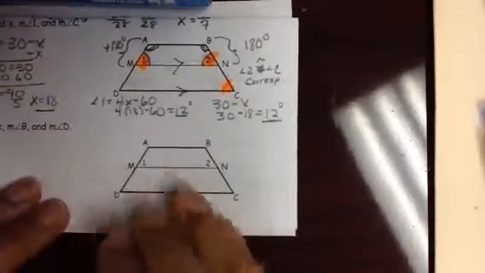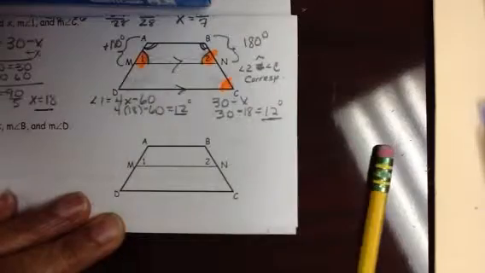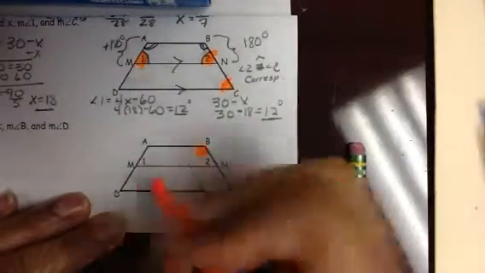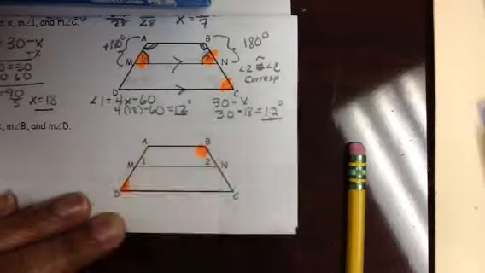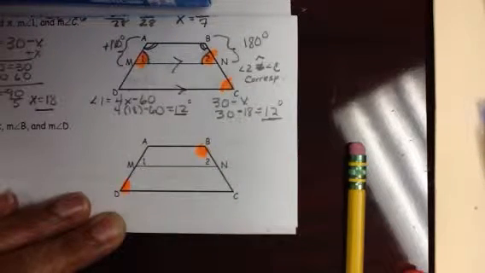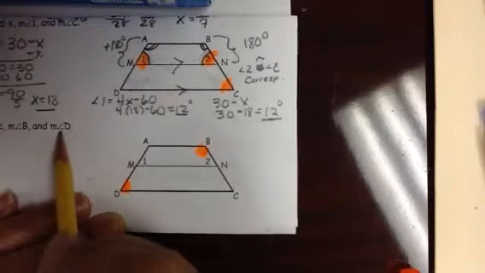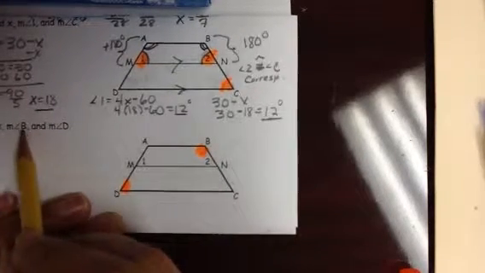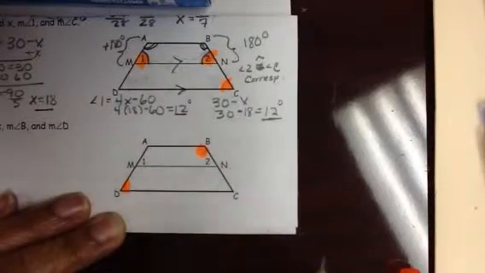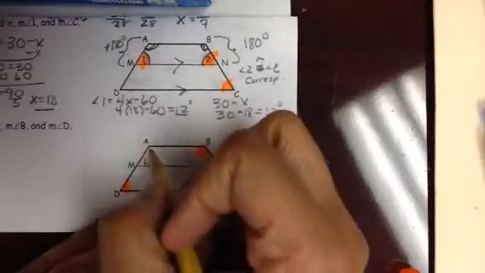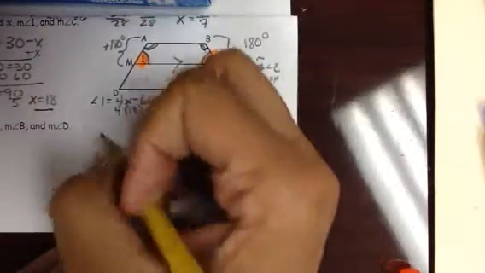Okay, let's look at another problem. In this problem, I'm focused on angle B and angle D. And it asks us to find the measure of x and the measure of angle B and angle D. So right away I know that D and A are supplementary.